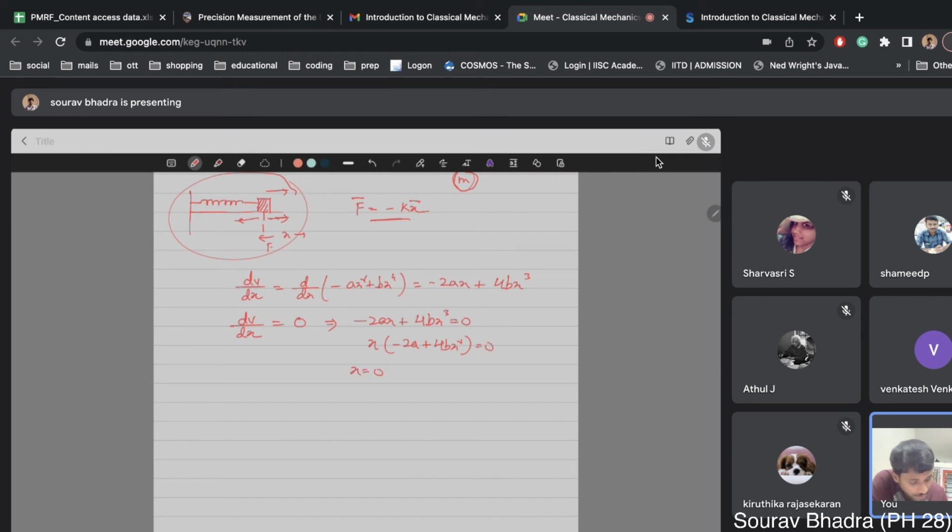One is x equals 0 and another one is x equals root of a by 2b. Actually there are three solutions, there is a plus minus, but I am taking the plus solution because it is a third order equation.